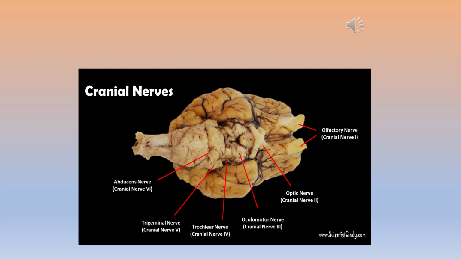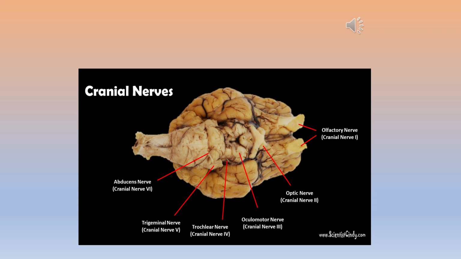That is the optic chiasm. Posterior to that, the continuation of the optic pathway, that is called the optic tract. So coming to the chiasm, those are called the optic nerves. At the crossing, that's called the optic chiasm. Posterior to the crossing, those are called the optic tracts.